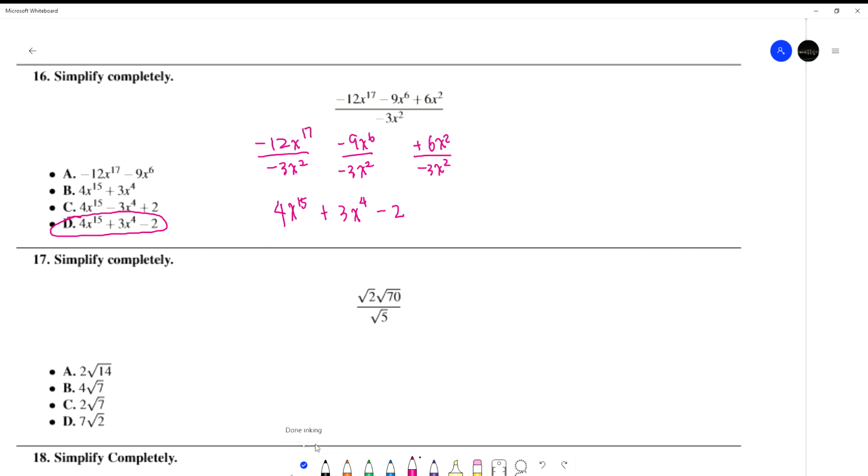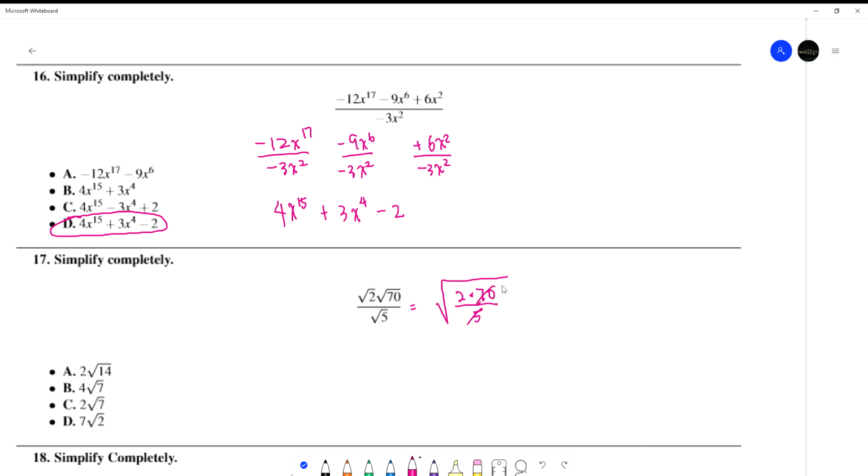All right, number 17. We're simplifying these radicals here, right? So remember that you're using our properties or laws of radicals, right? You can write all of this under one radical. That means 2 times 70 over 5, right? And we all know 70 divided by 5 is 14.